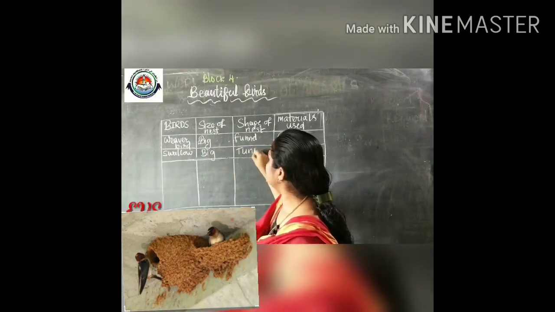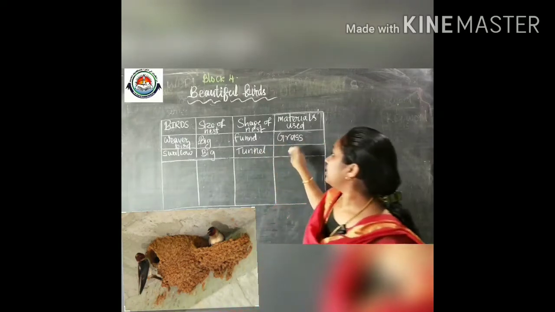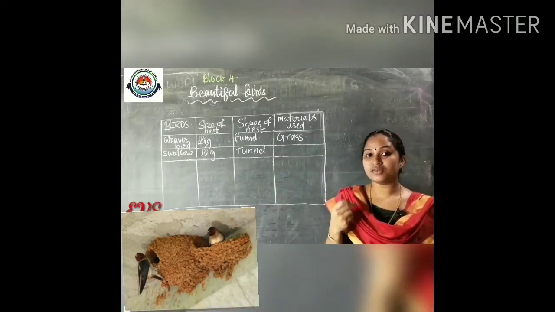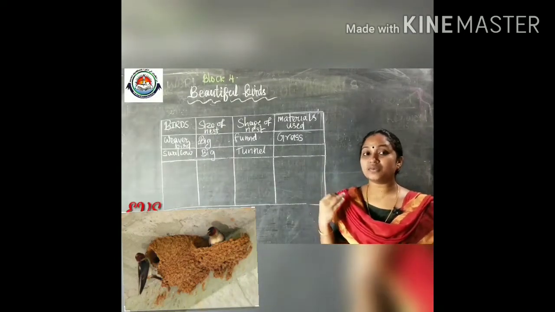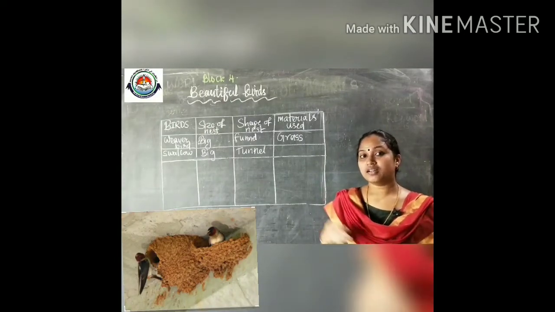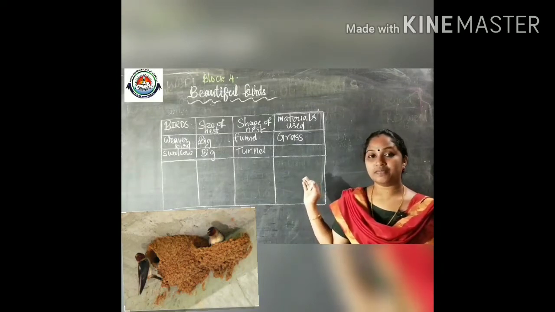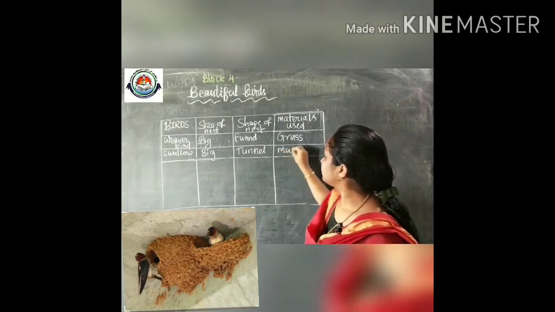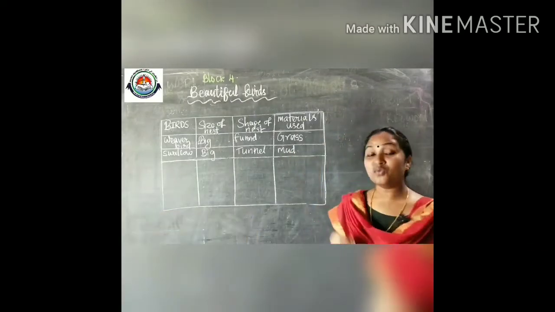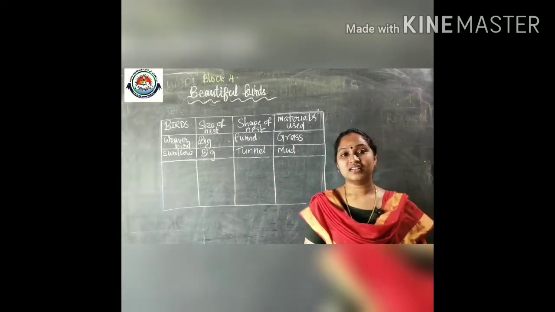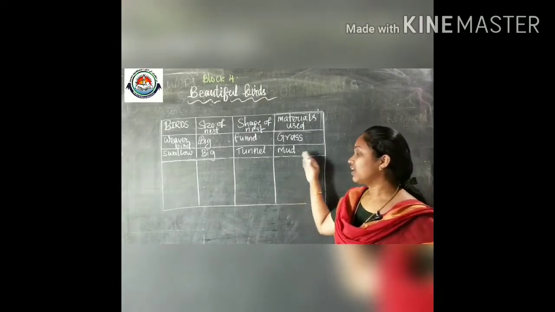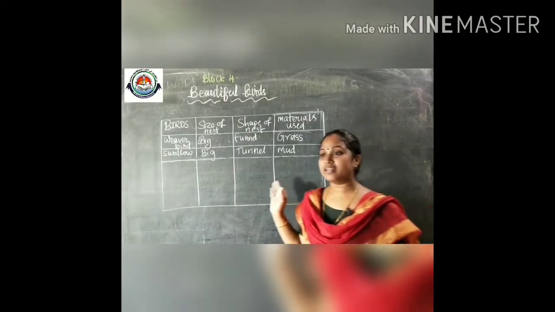It's like a tunnel. And what materials are they using? Almost all the birds are using same types of materials except this swallow bird. Swallow birds are using mud. How wonderfully they made their nest, right? They are using mud to build their nest.